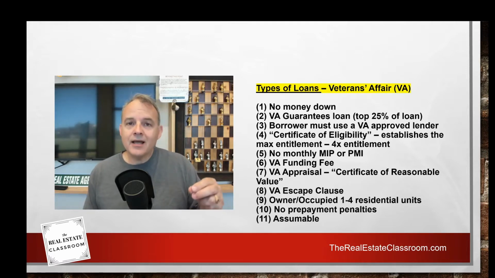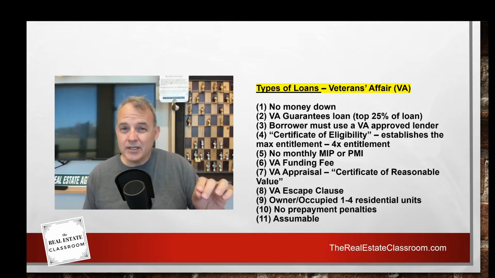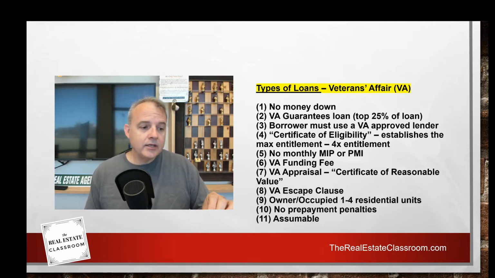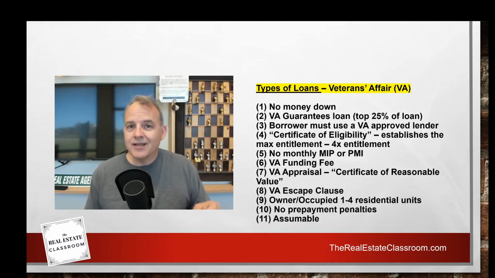We take that entitlement amount, $120,000, and multiply it by 4. So that means that the veteran, if they qualify by income and debt ratios and whatnot, is going to be able to borrow up to $480,000.